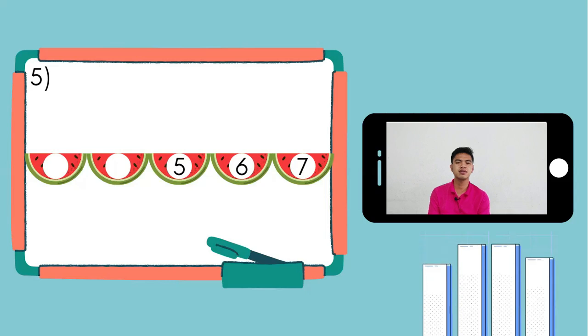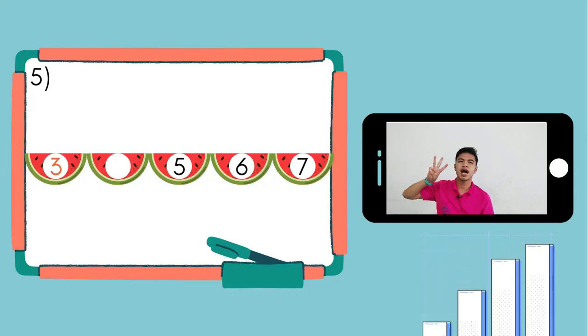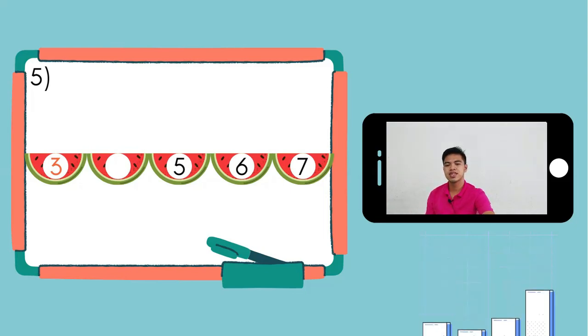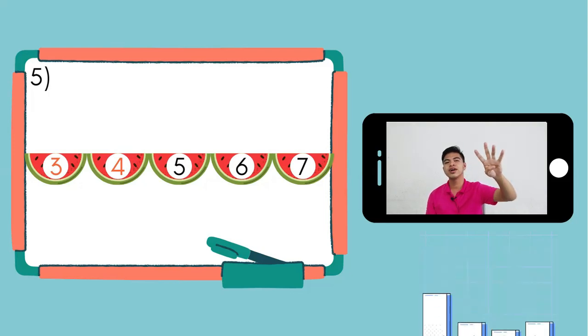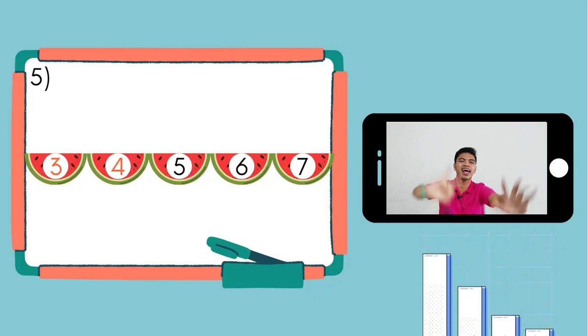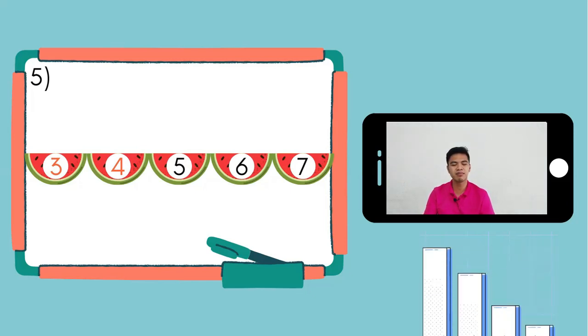So what do you think is the missing number? Good job. It's going to be 3. And then let's add 1 on it. 3 plus 1 equals 4. So it will be 4. So our series will be 3, 4, 5, 6, and then 7. Okay, so those are the numbers for number 5.